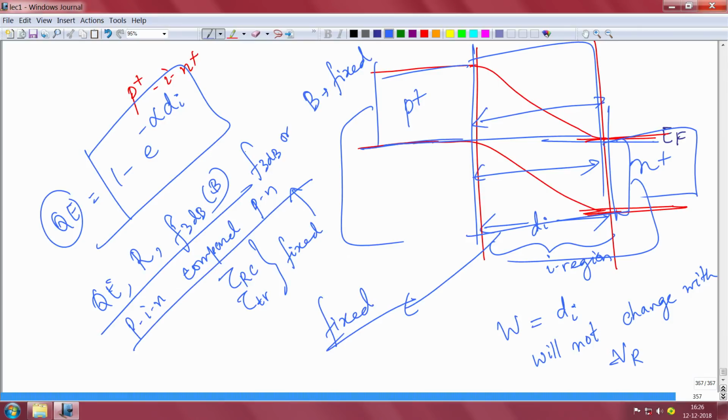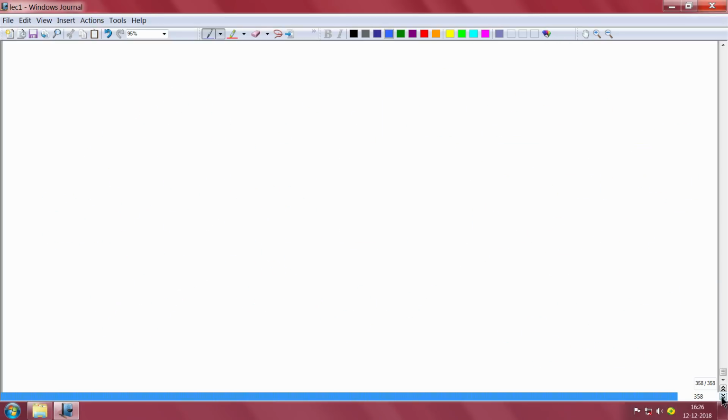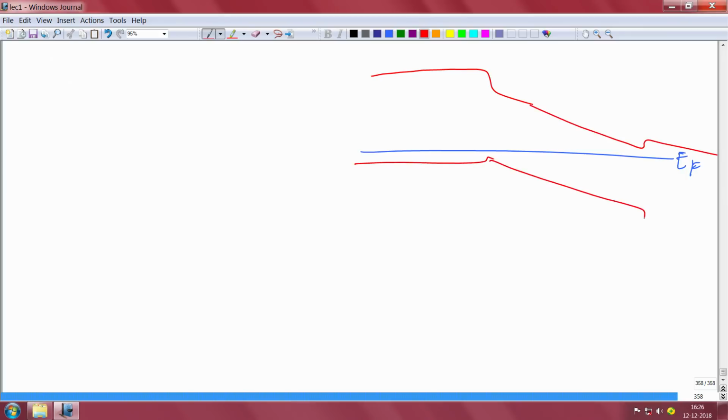And I also told you that sometimes you might want to use a slightly higher bandgap material, so that if you have your Fermi level like that, you might want to use a slightly higher bandgap material. So what will happen is that this is P plus and this is N minus. Your bandgap on the P side is slightly bigger than on the I side. Bandgap on the N side also is slightly bigger than the I side. So any photons that are coming here, these are h nu photons.